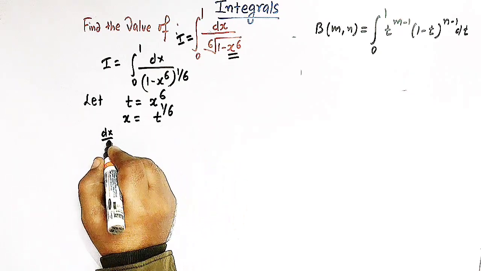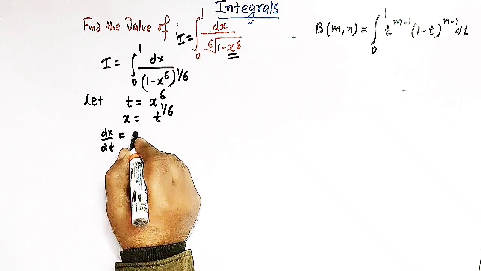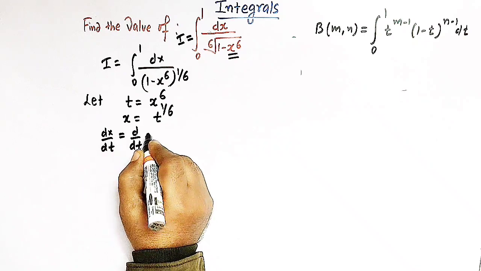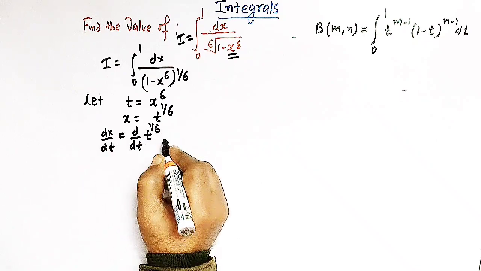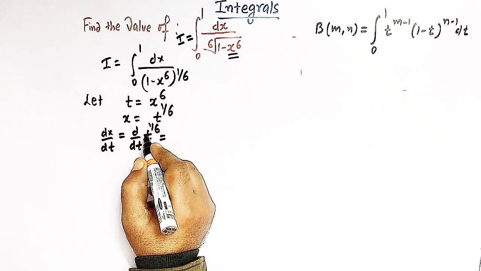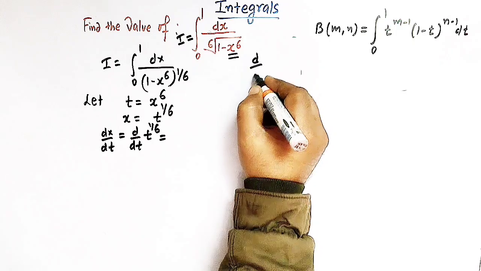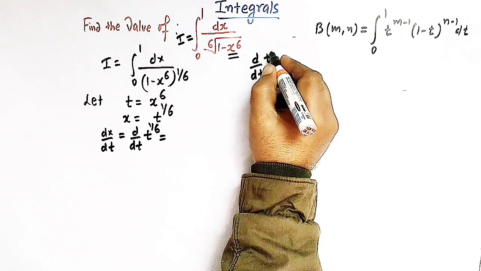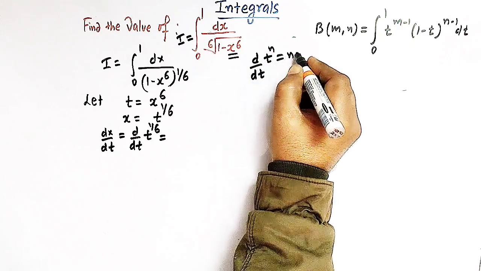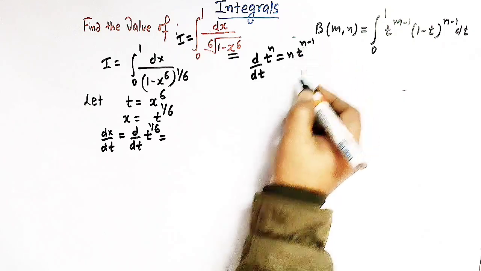So we can now write dx over dt is equal to d by dt of t raised to 1 over 6. Using the power rule, the derivative of t raised to n is n times t raised to n minus 1.